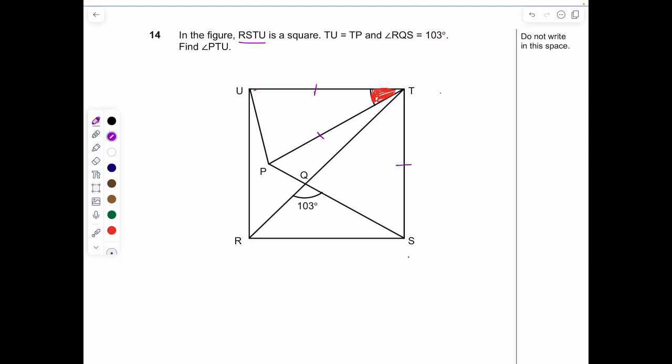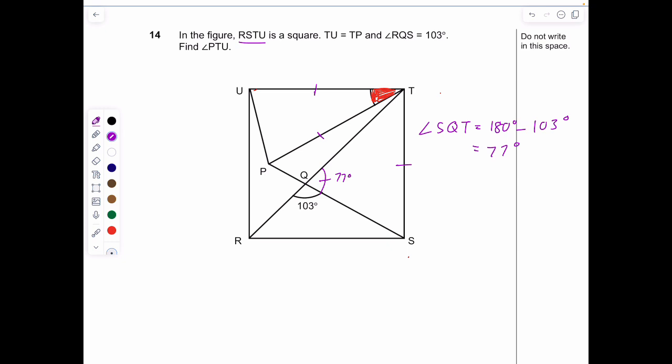So the first thing that we realize is that we can actually find out what is this particular angle over here. So this particular angle, which is angle SQT, would be 180 minus away 103 degrees. So that will leave us with 77 degrees.